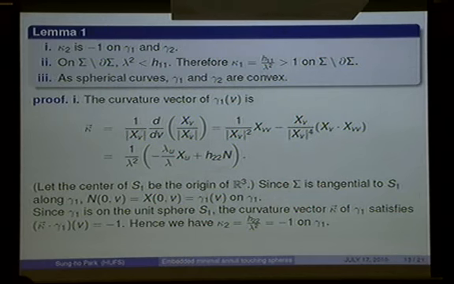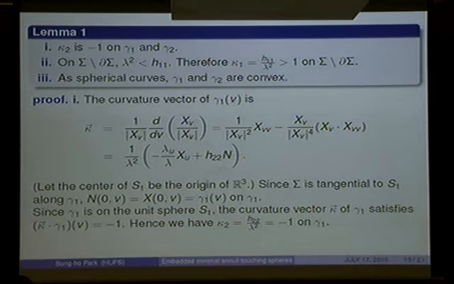This proof is very elementary. I compute the curvature of gamma 1. It is like this. Because gamma 1 is a spherical curve, the inner product of the curvature vector and gamma 1 is minus 1. I take the inner product with n, because sigma is tangent to the sphere along gamma 1, so the normal vector n is equal to gamma 1, the position vector.